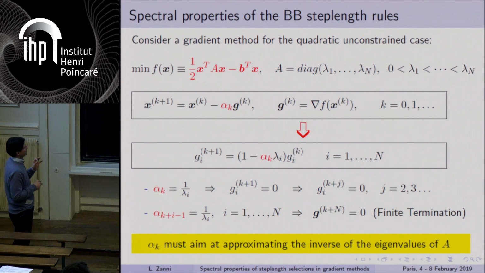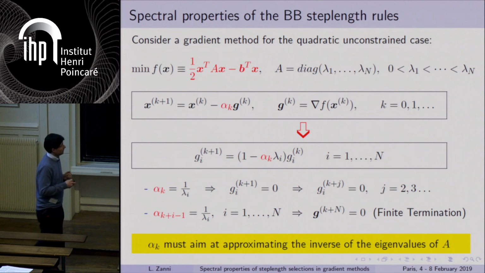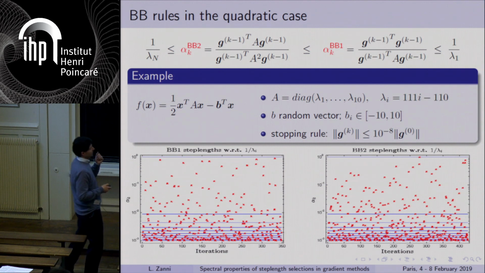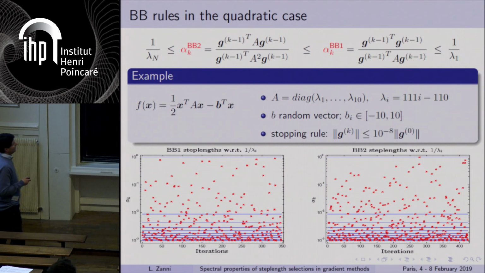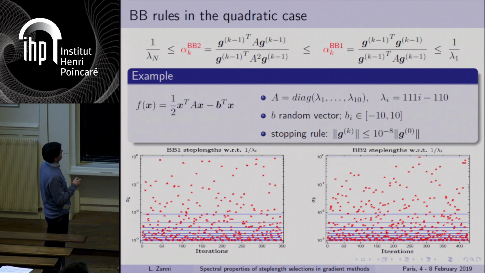The suggestion is then to use step-length rules that provide good approximations of the inverse of the eigenvalues of the matrix. The Barzilai-Borwein rules that I recalled are suitable step lengths to do this, since they satisfy these inequalities.